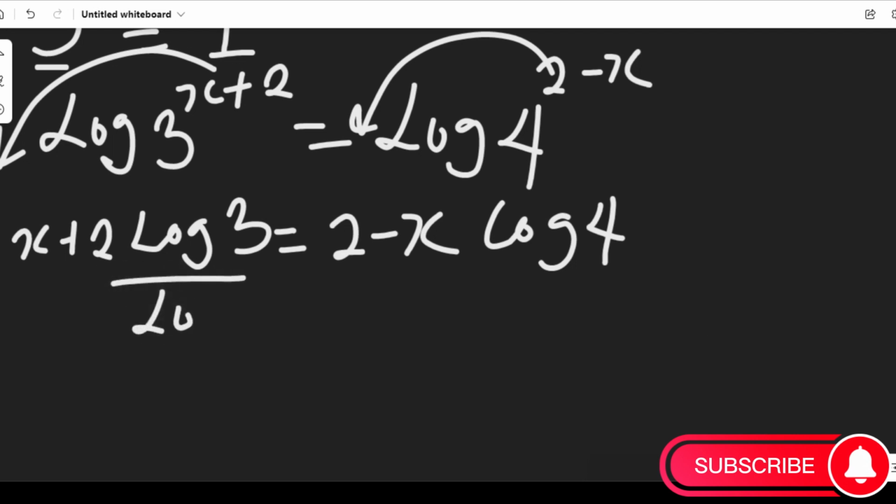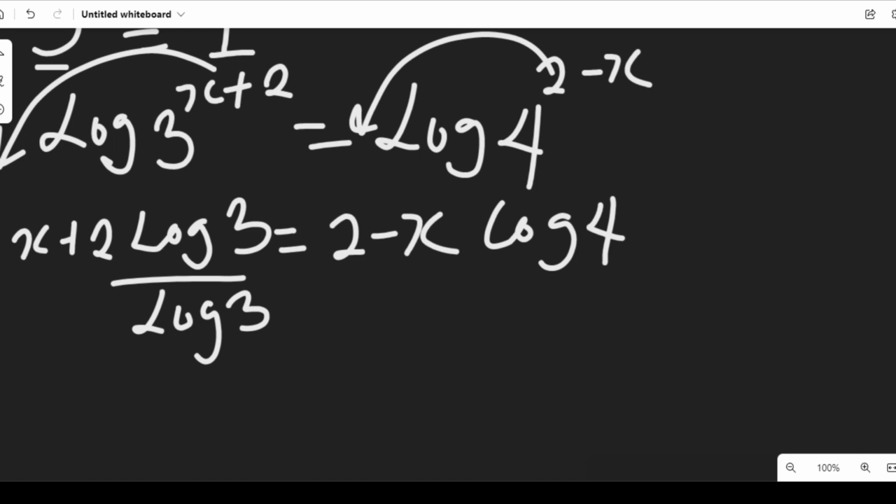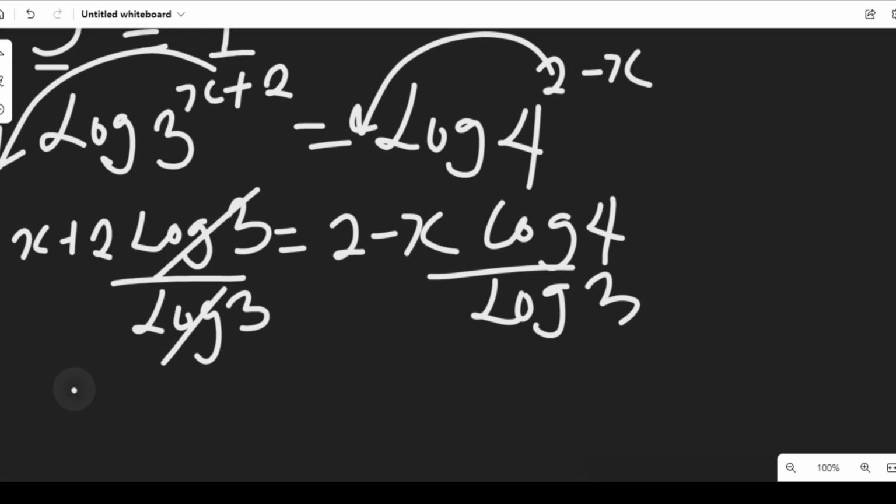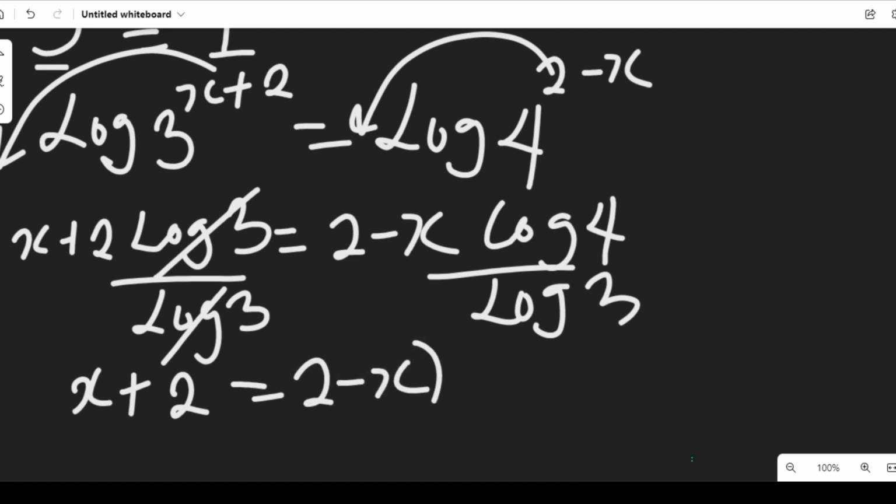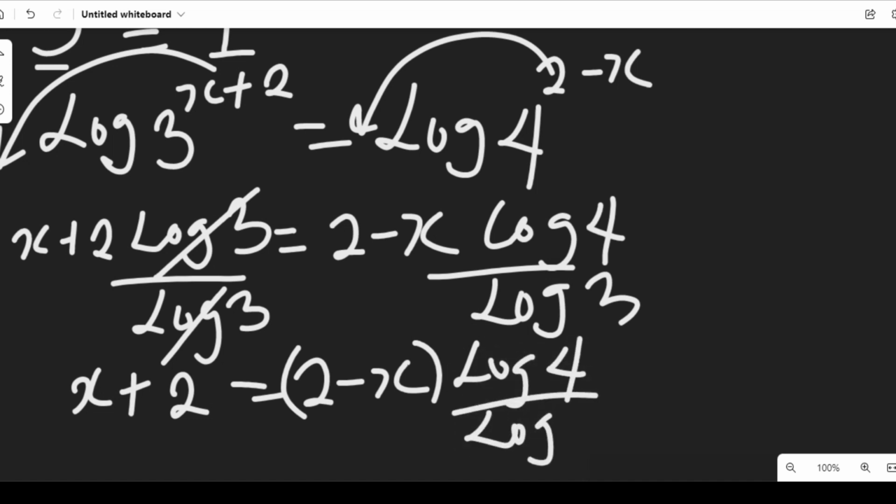If we divide here by log 3, this will clear this, and we'll be left with x plus 2 equal to 2 minus x multiplied by log of 4 over log of 3.